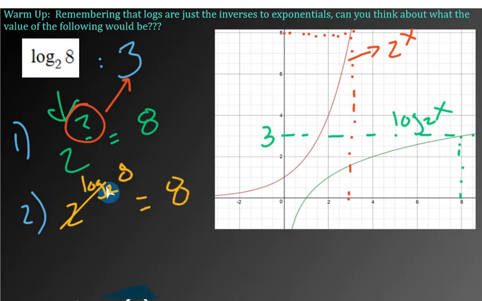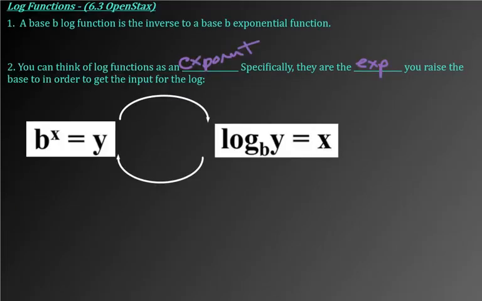So this log up here is an exponent. It's the exponent you raise the base to get the thing inside there. That is how they cancel, very similar to how the cube root of x cubed cancel and give you x, right? So just like how these cancel and give you x, these are canceling and giving you the 8, okay?